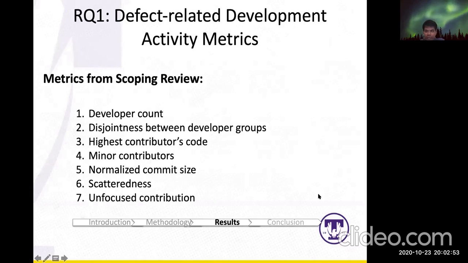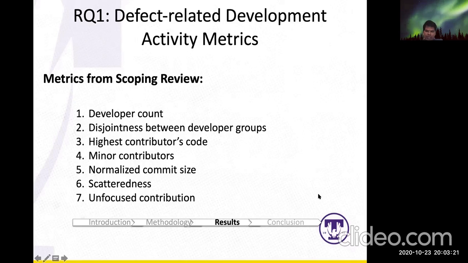They are developer count of developers who modified a script, disjointness that corresponds to how one group of developers is separate from another group of developers or multiple groups of developers, the amount of code that is being done by the person who is contributing the most to a file or to a script. Then minor contributors are referring to the developers who are contributing less than 5% of the total code.